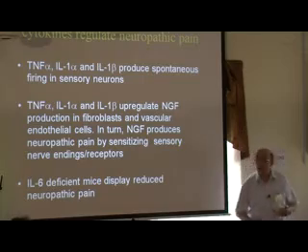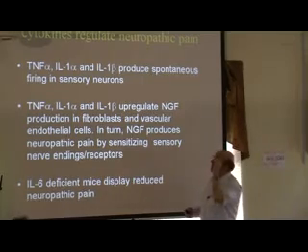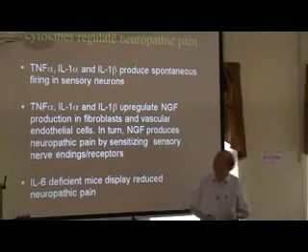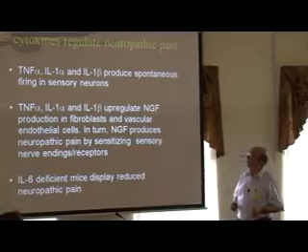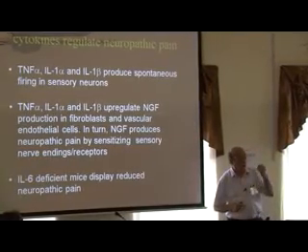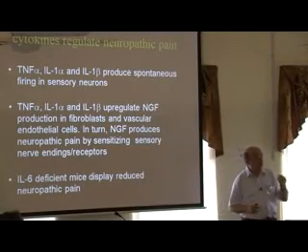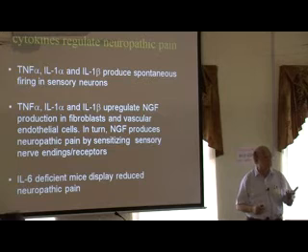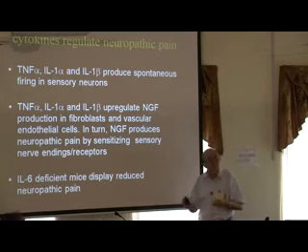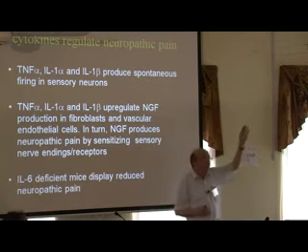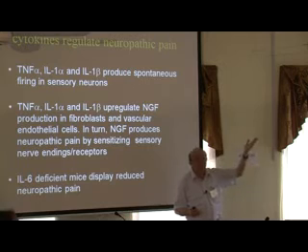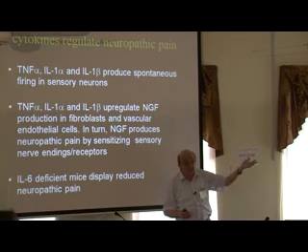And finally, neuropathic pain. We know from the literature that TNF-alpha and IL-1-alpha and also IL-1-beta will make sensory neurons fire spontaneously. Now, if they fire spontaneously, messages are being transmitted to higher centers, and it is perceived as pain, extreme pain.